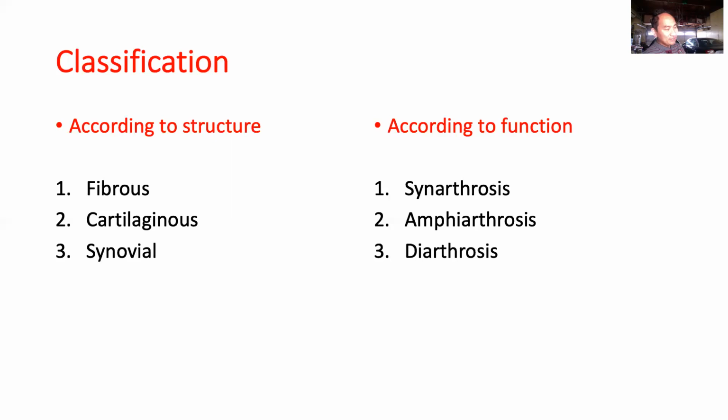Amphiarthrosis: amphi, like amphibious, might have two ways, which is like the joint is fully immobile or might be partially mobile, or might have some movement. And diarthrosis, these are the joints which have good movement.